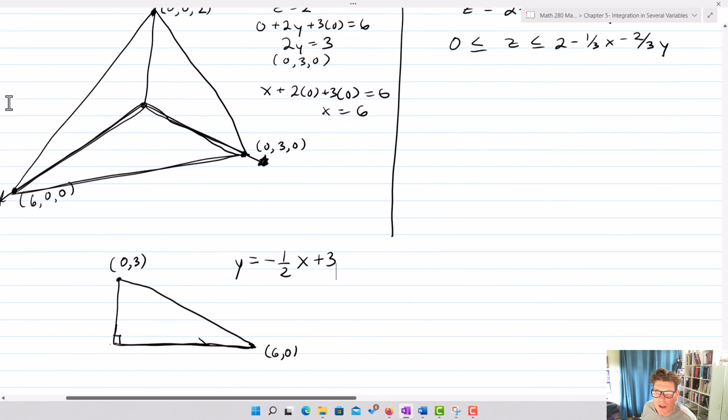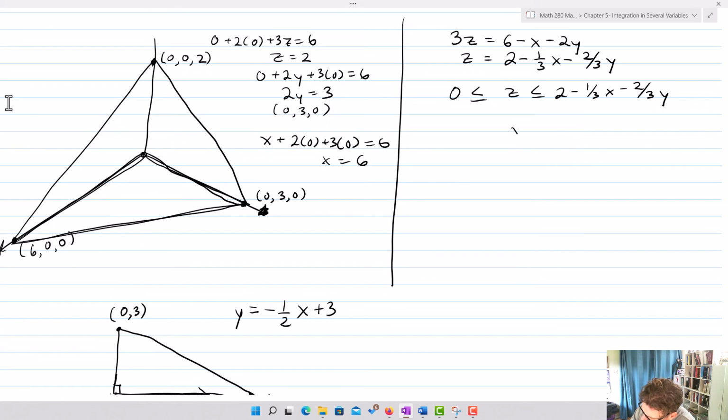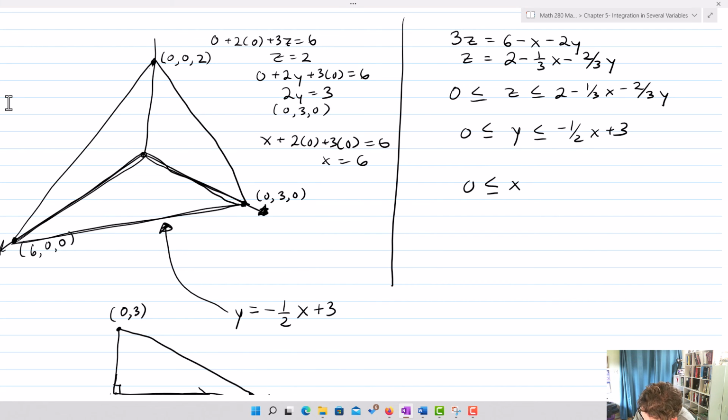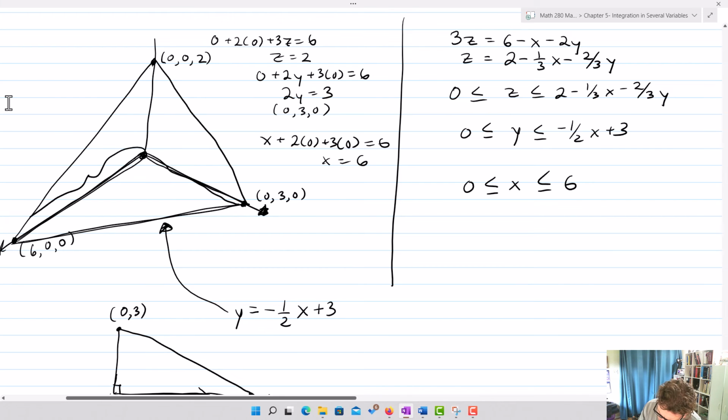So my y values are going to go from y greater than or equal to 0 to less than or equal to negative 1/2 x plus 3. That's that line right there. And then finally, x is going to be greater than or equal to 0 and less than or equal to 6, because those are the values for x. They go from 0 to 6. So that gives us the bounds for our integration.